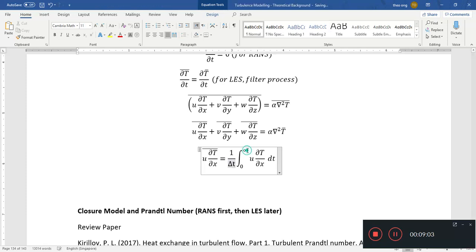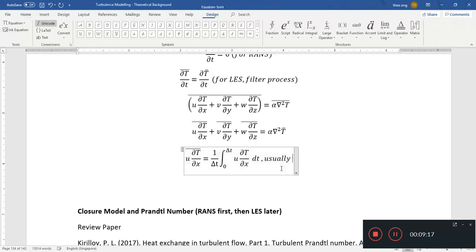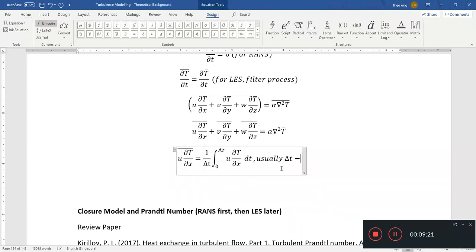Or rather you can do over this delta t, 0 to delta t, or whichever time interval you use. Usually delta t goes to infinity.